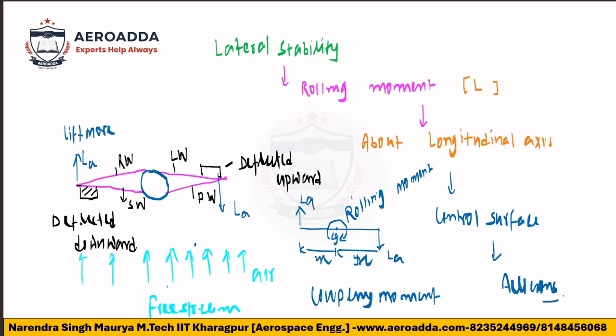So rolling moment and yawing moment, in both cases, it may be yawing moment or it may be roll moment, but in both cases we have a positive and negative. Just like in a pitching moment, there was a negative pitching moment, there was a positive pitching moment. So here also you need to remember that criteria.